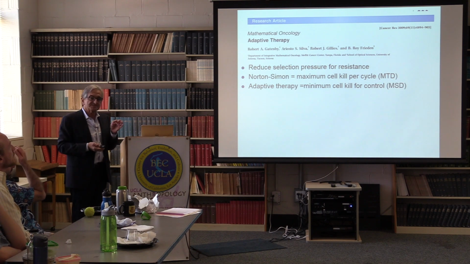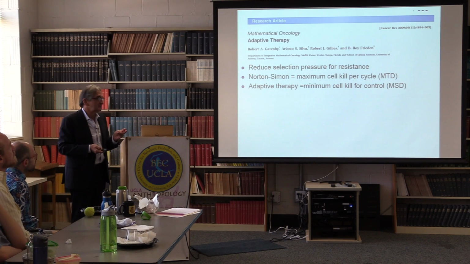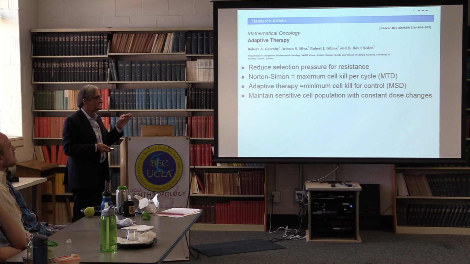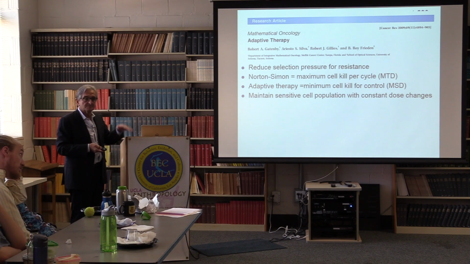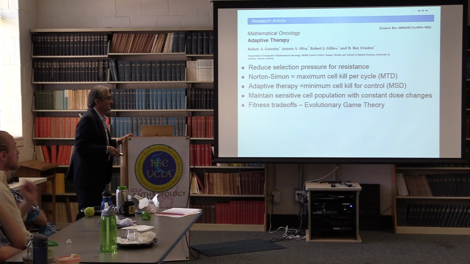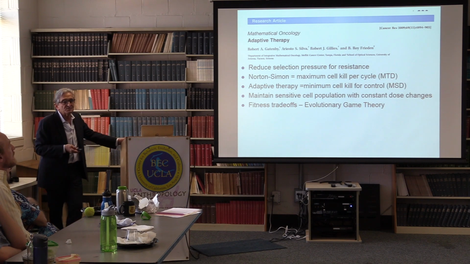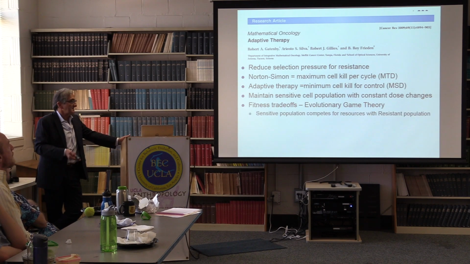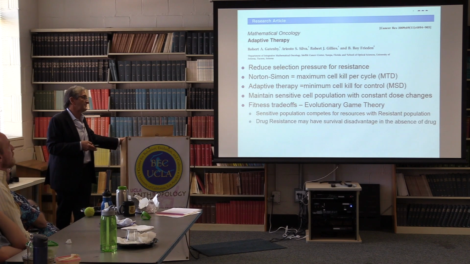So this is a minimal cell kill for control. That's the idea. So you maintain a sensitive cell population by adjusting doses. And it comes from so-called evolutionary games theory, where there are trade-offs. The sensitive population competes for resources with the resistant or adaptive population.